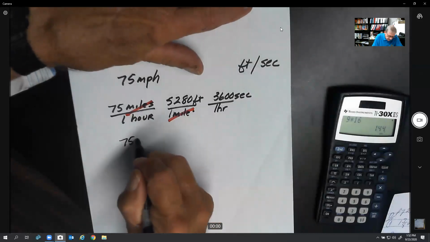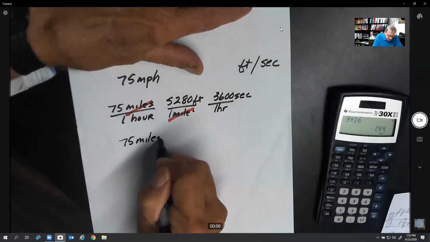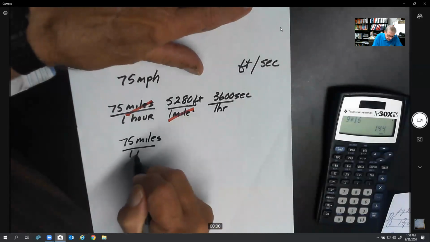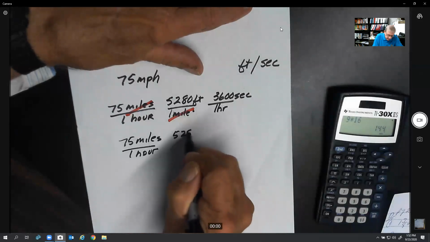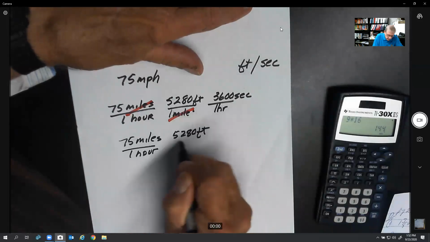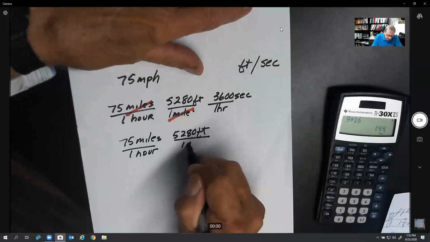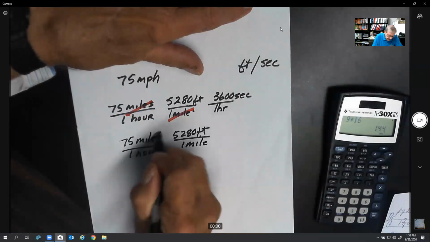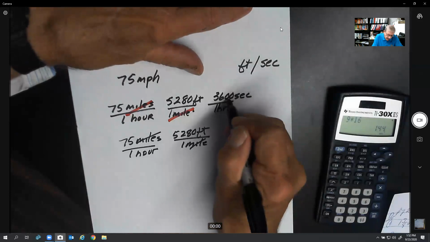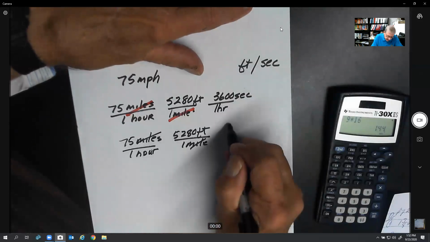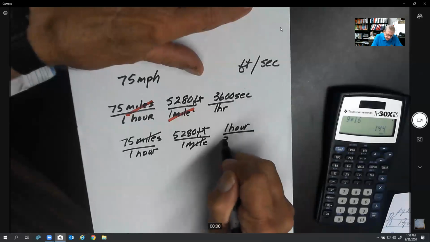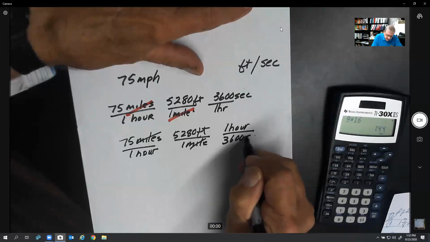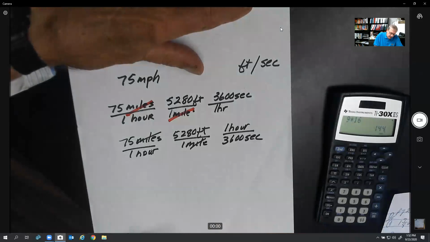So we're going to put 75 miles, 1 hour, 5,280 feet, 1 mile. These cancel off. Now I need to put the hour on the top, 1 hour, 3,600 seconds on the bottom.